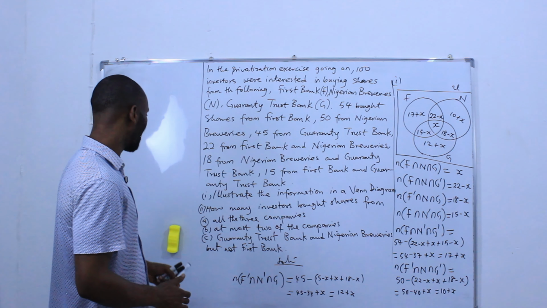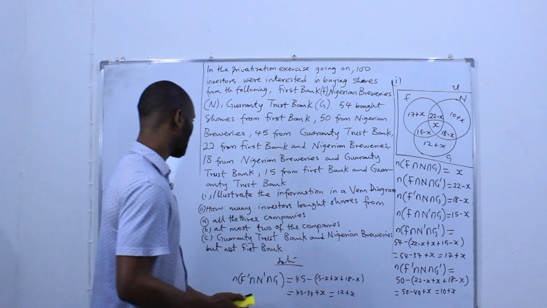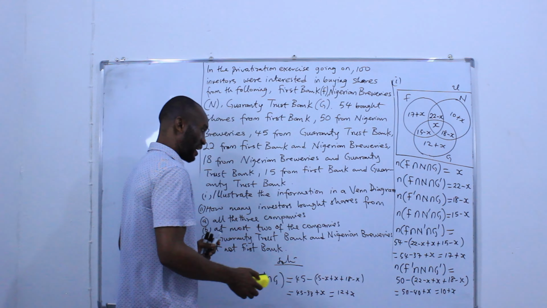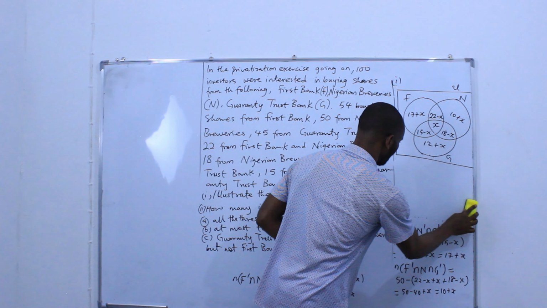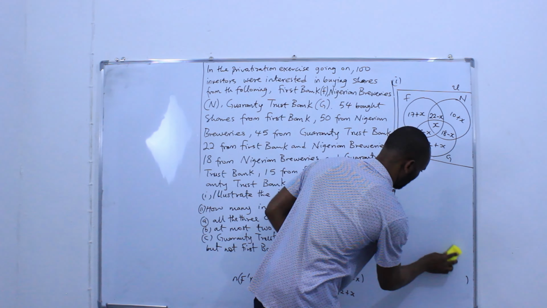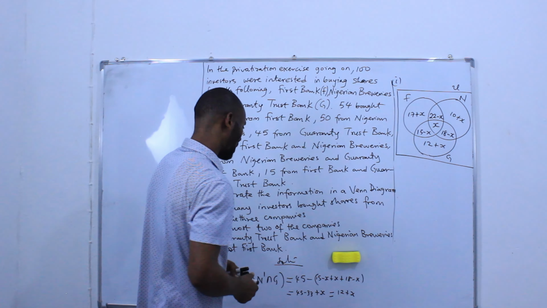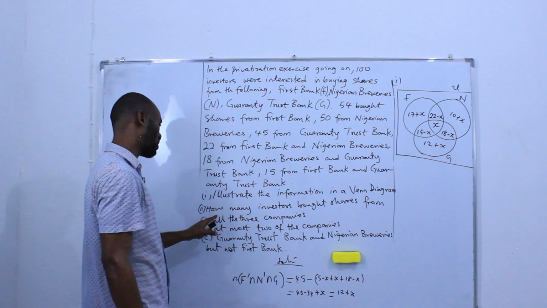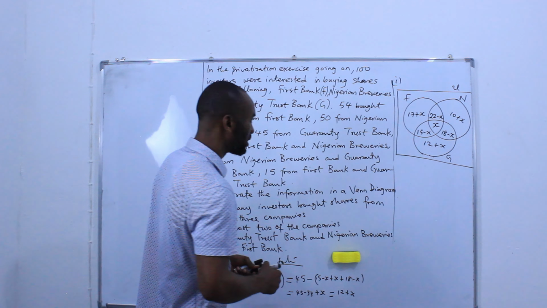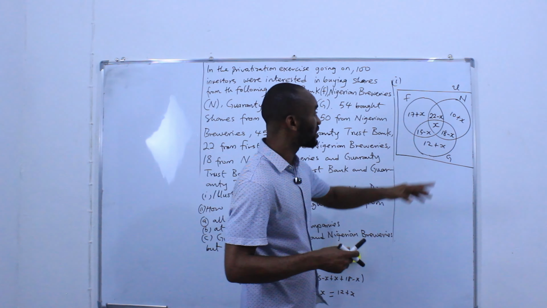Now we go ahead to solve II. I'm going to clean this place. We go ahead to solve II, which says, find the number of investors that bought from all the three companies. To get the number of investors, that is the value of x.